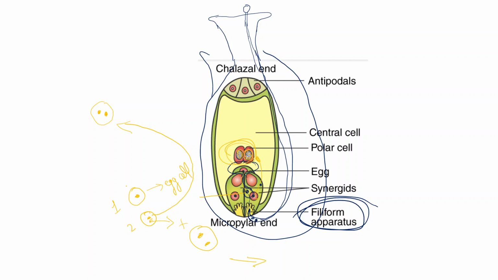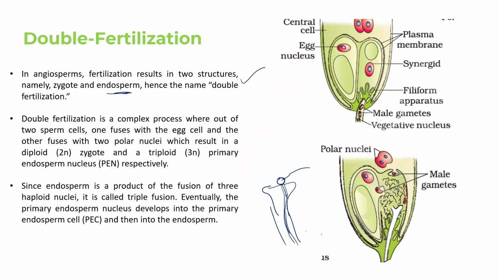When one male gamete fuses with the egg cell, this is called syngamy, and it results in the formation of the zygote. But when the second male gamete fuses with the central cell, this is called PEN formation.